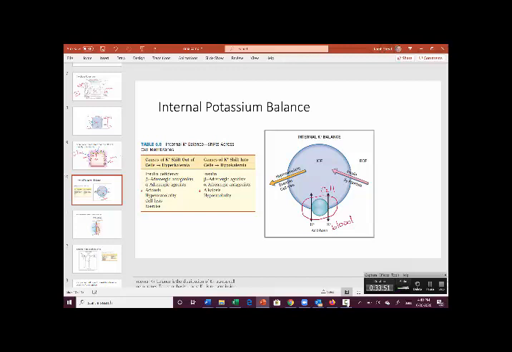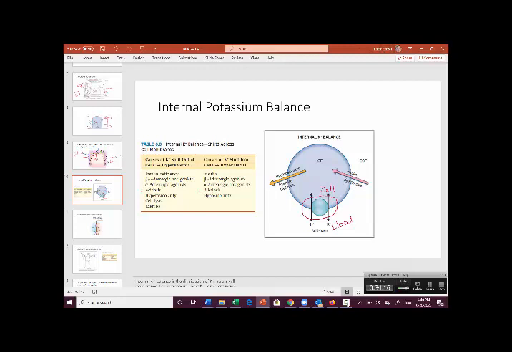To preserve electroneutrality, however, hydrogen cannot enter or leave cells by itself. Either it must be accompanied by an anion, or it must be exchanged for another cation. When hydrogen is exchanged for another cation, that cation is potassium.